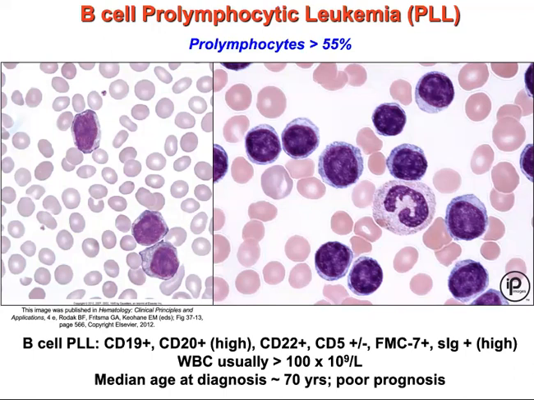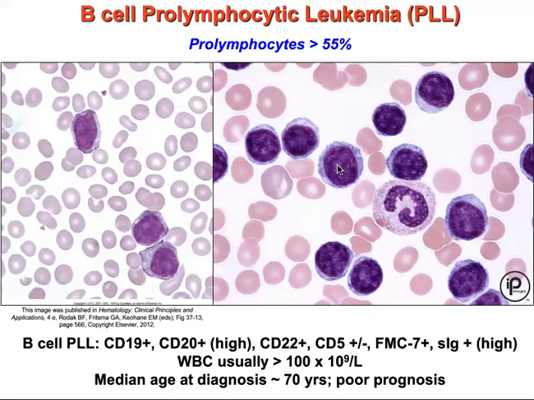It comprises more than 55% prolymphocytes. These are medium-sized cells with a round nucleus. They have moderate, abundant cytoplasm, and they have a distinct nucleolus. So it looks like it's punched out, like we punched a hole out, right?